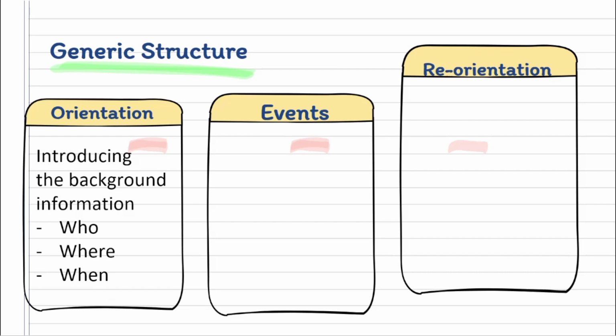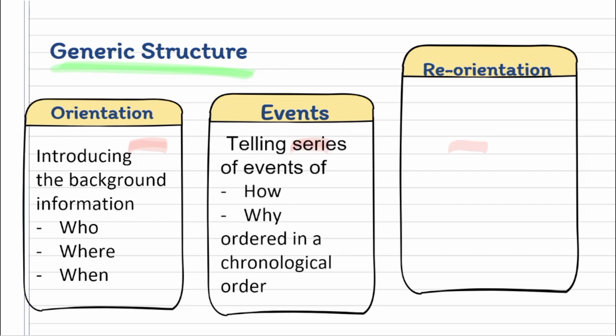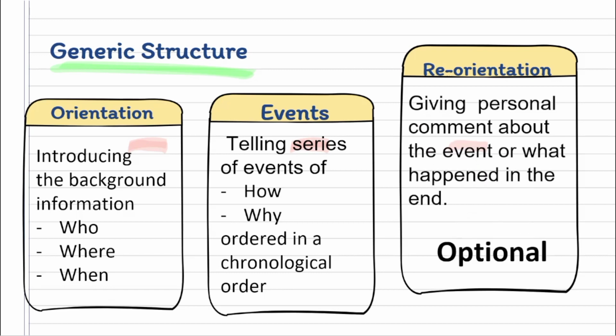And the second, events. Events tells the series of events of how the story happened, why it happened, and the events are ordered in a chronological order. And then the third, reorientation.